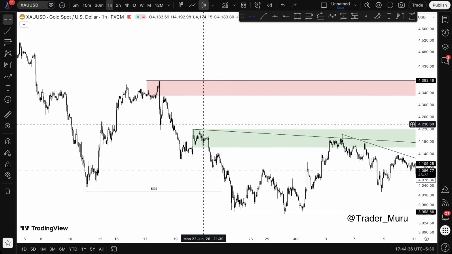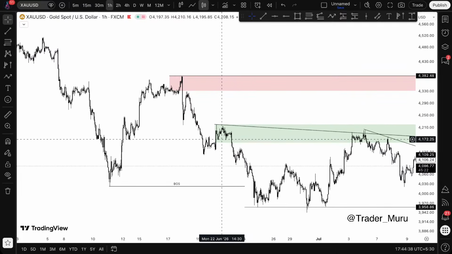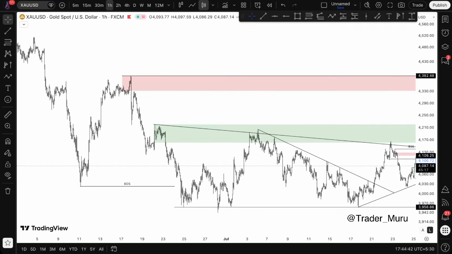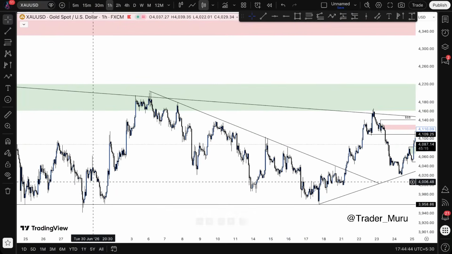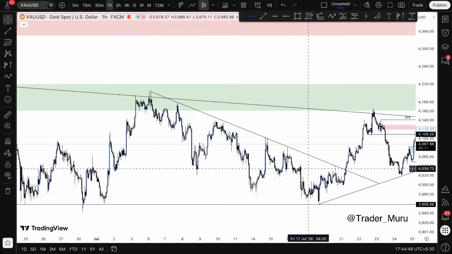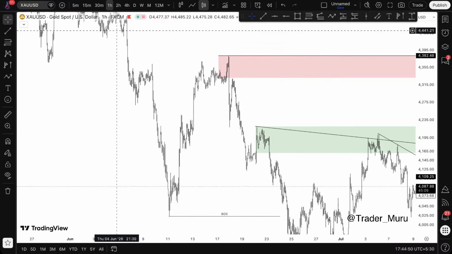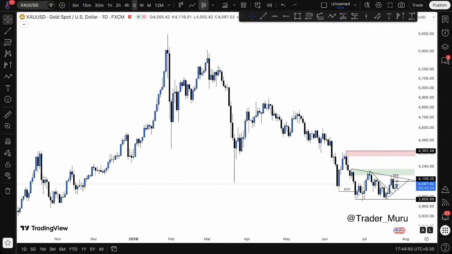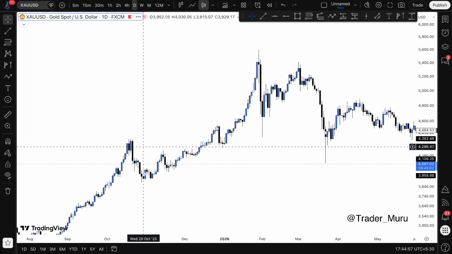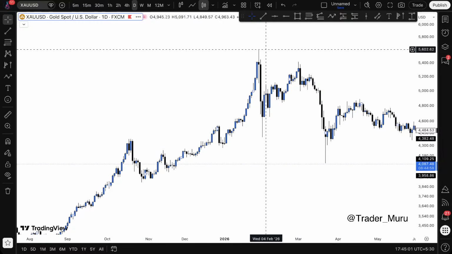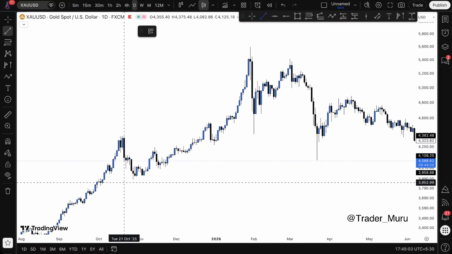In uptrend, you will see downside trend lines. Let me just show you. So this is uptrend. You will see a downside trend line, a smaller uptrend. And if I show you in daily time frame, this is your uptrend. Okay, this is your main trend line.